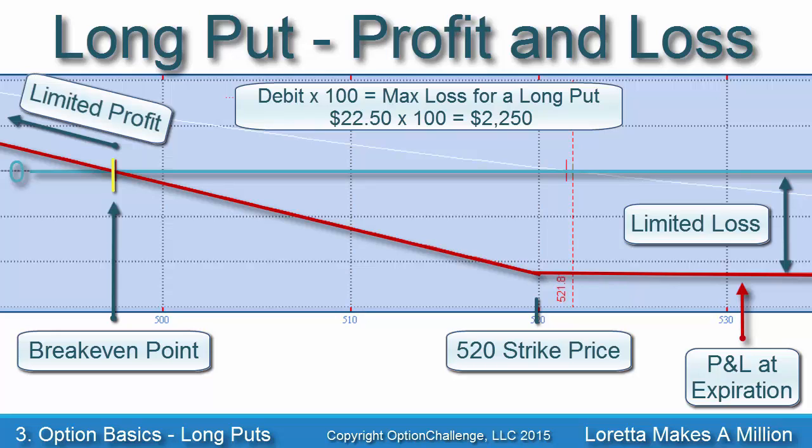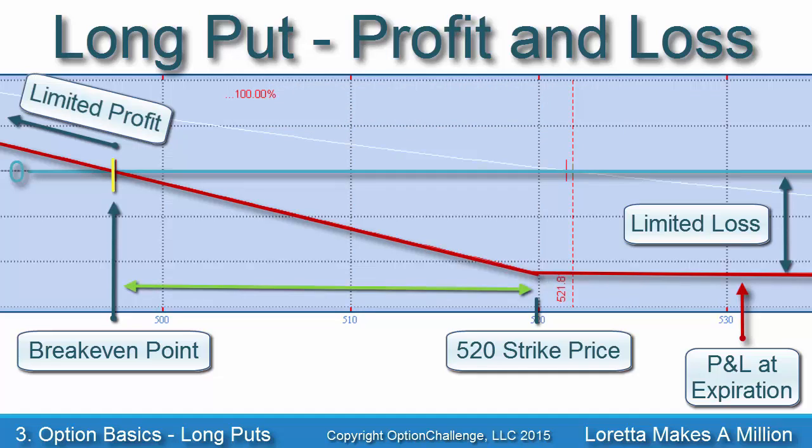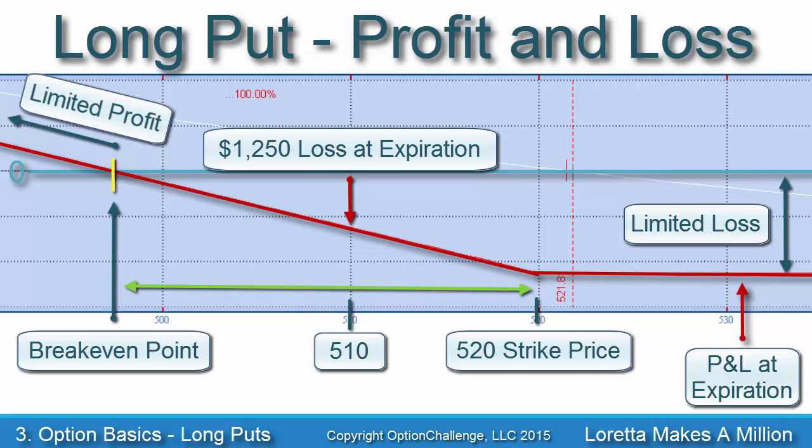What if Google ends up between the strike and break-even point? The buyer of the long put will have a loss, but not a max loss. For example, if Google ends up at $510 at expiration, you will have a loss of $1,250. Here is how the loss is derived.